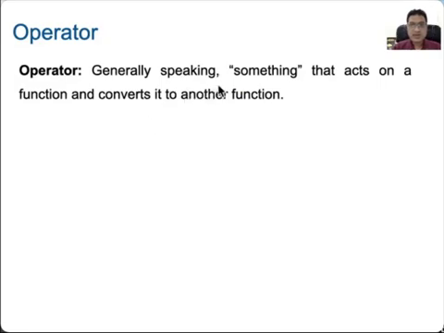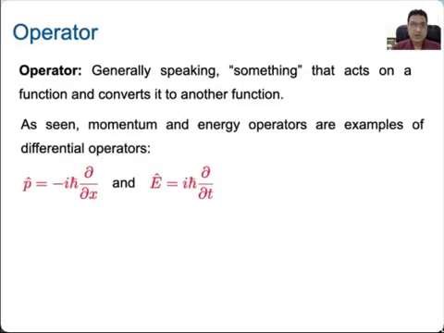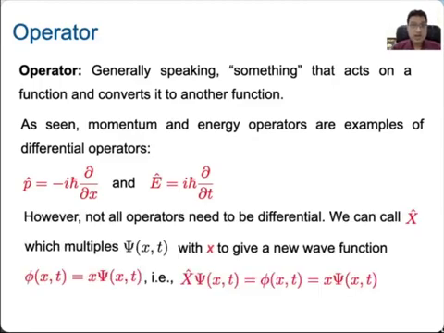Generally speaking, something that acts on a function and converts it to another function is known as an operator. As we have seen, the momentum and energy operators are examples of differential operators. But not all operators are differential in nature. We can call x an operator which multiplies the wave function by small x to give a new wave function.